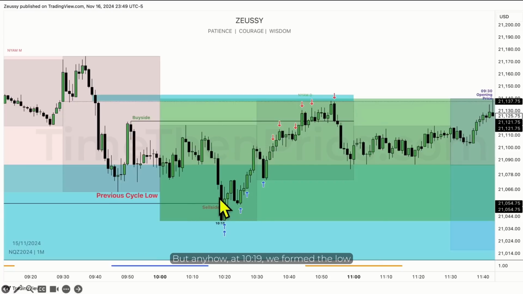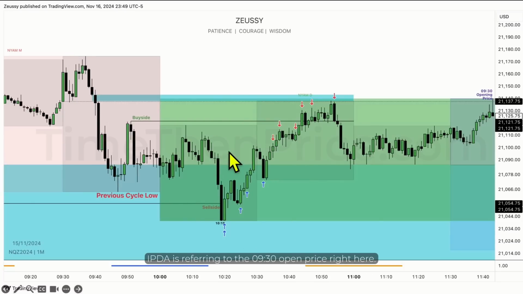But anyhow, at 10:19, we form the low of the morning session and the market begins to expand towards the upside. From this moment in time, I know that we're likely going to see a change in state of delivery taking place, where we change from sell program to buy program for the near term. What is IPDA referring to?